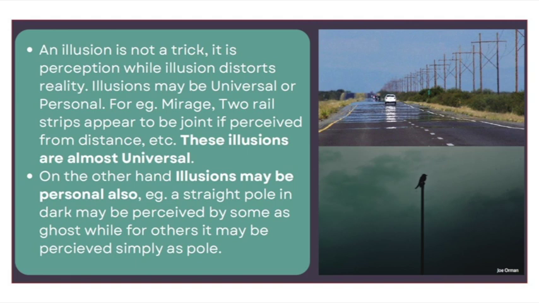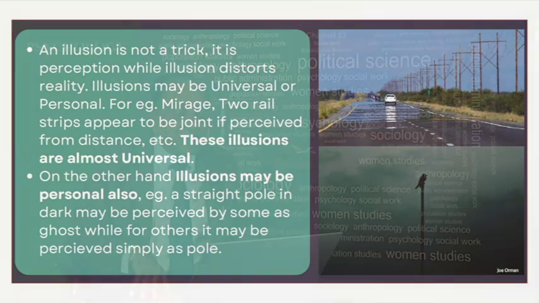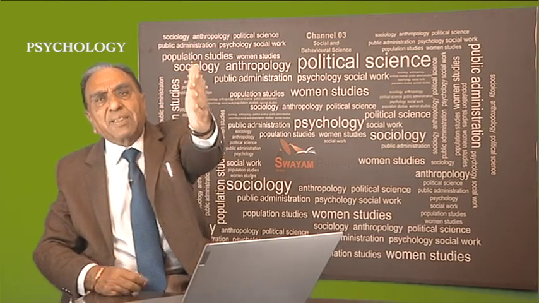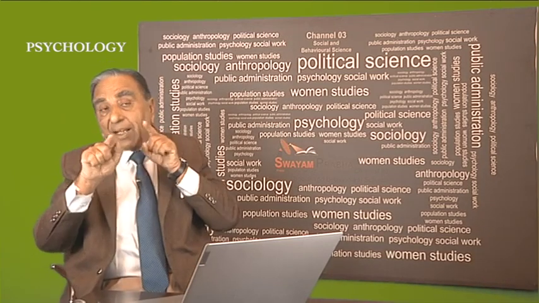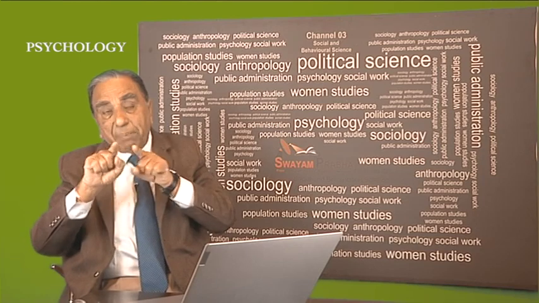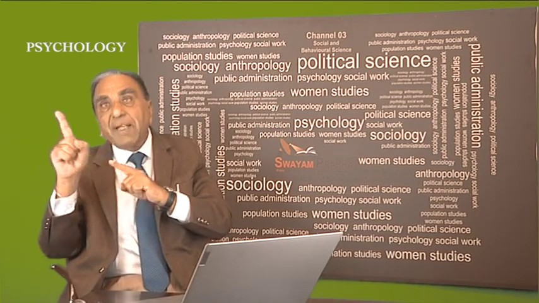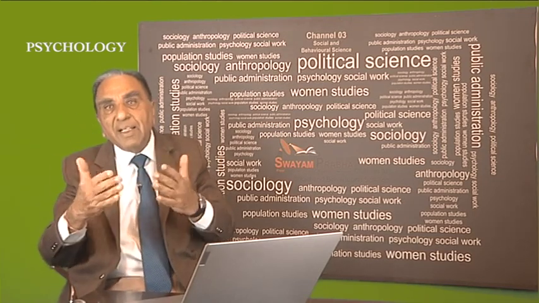These are illusions of an almost universal nature. If you go to the railway track and stand there, and look at the railway tracks, it appears that they are merging as one. If there is one line, how will the train run? The railway lines are parallel. They are parallel, but from a distance it appears that they are not parallel, they have merged.